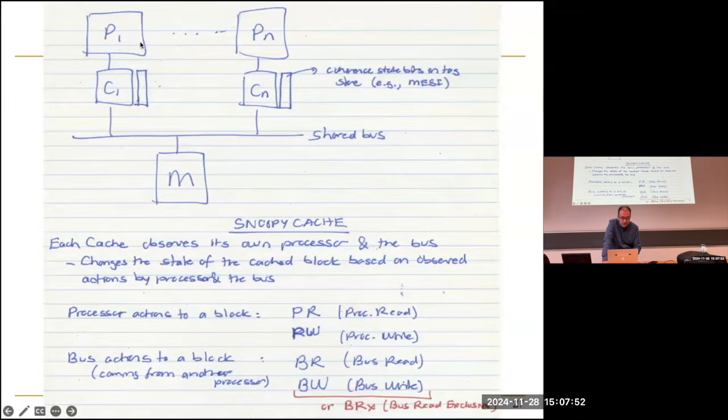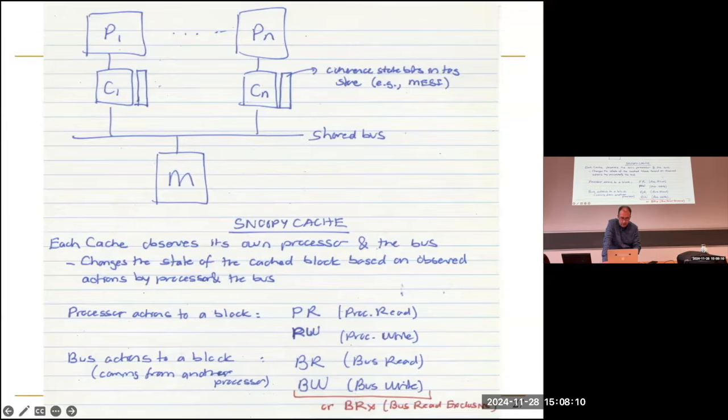Here is an example of that. You have n processors, and each processor has a cache. You need to keep the metadata for coherence in your tag array. And this is your shared bus. These are the operations: processor read, processor write, bus read, and bus write.